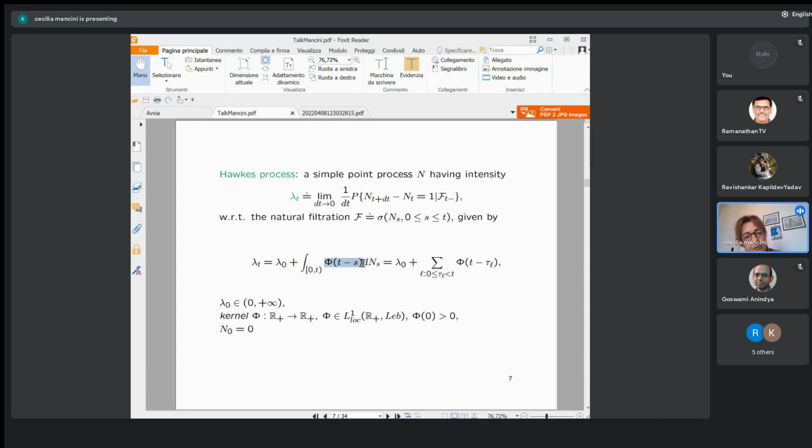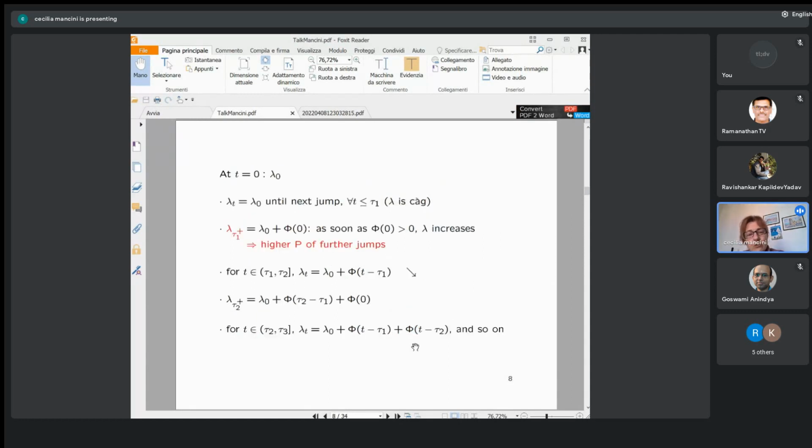Phi, for a general Hawkes process, is a deterministic function from positive numbers to positive numbers, integrable with respect to the Lebesgue measure, and phi of 0 has to be strictly positive.